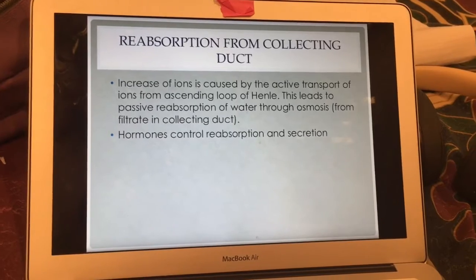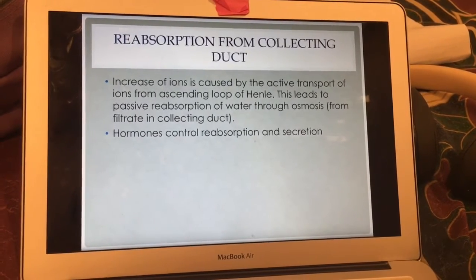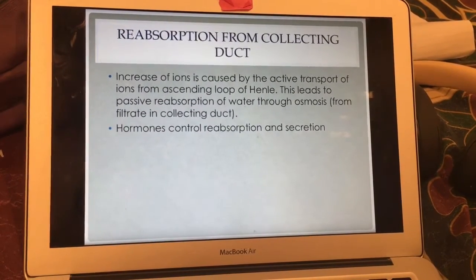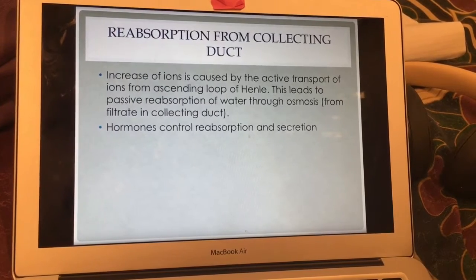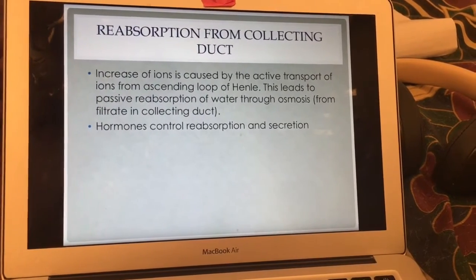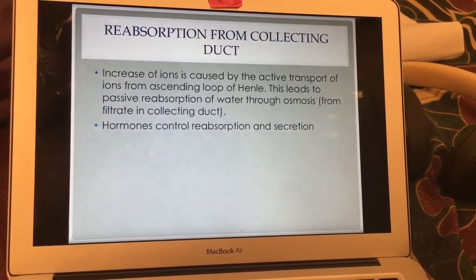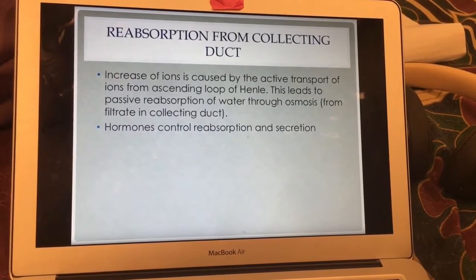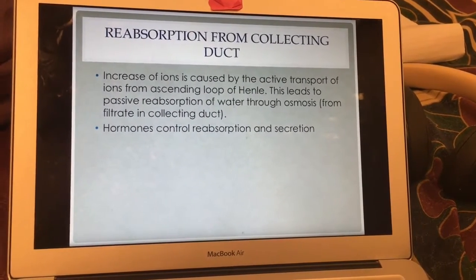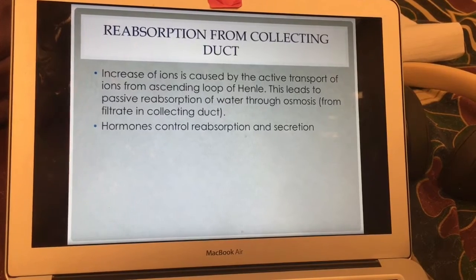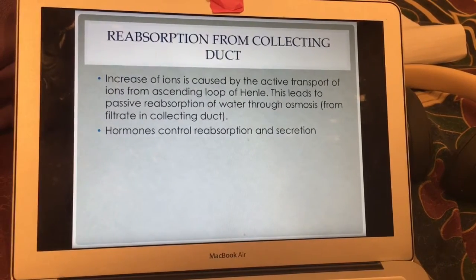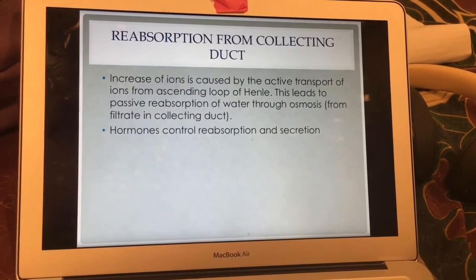This increase of ions is caused by the active transport of ions from the ascending loop of Henle, and this leads to passive reabsorption of water through osmosis from the filtrate in the collecting duct. Overall, hormones control the reabsorption and secretion.